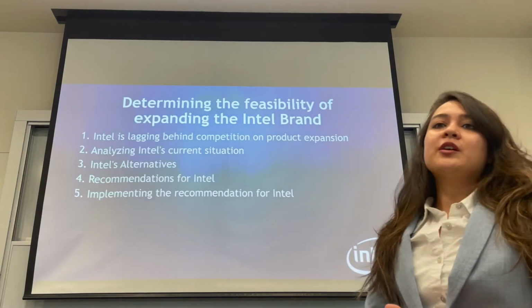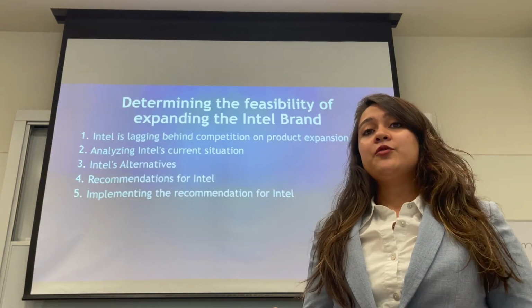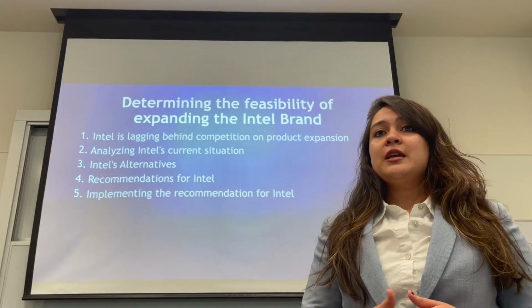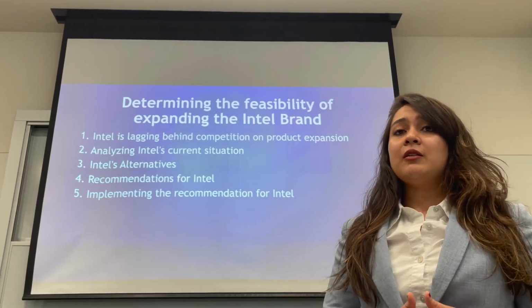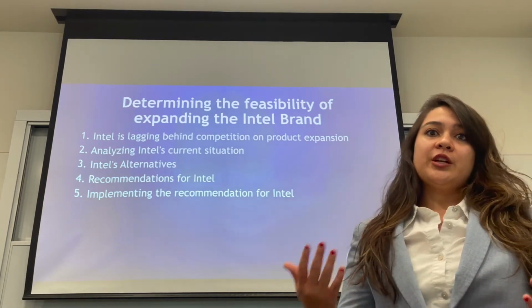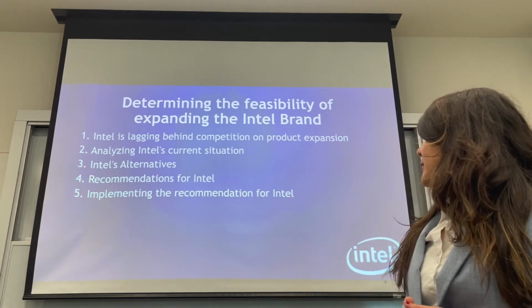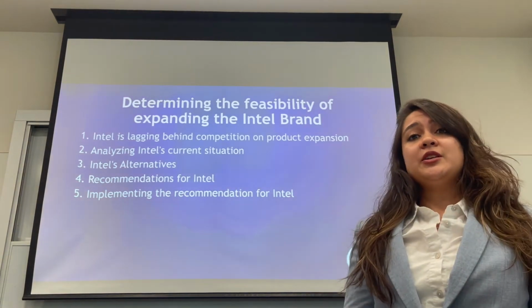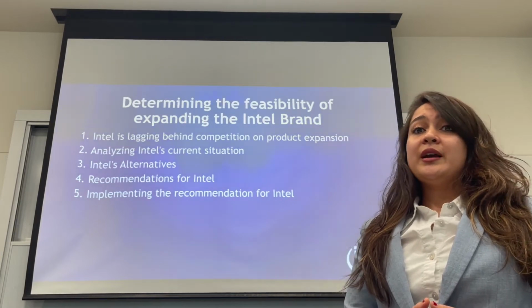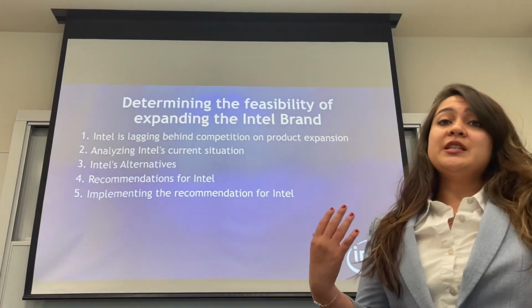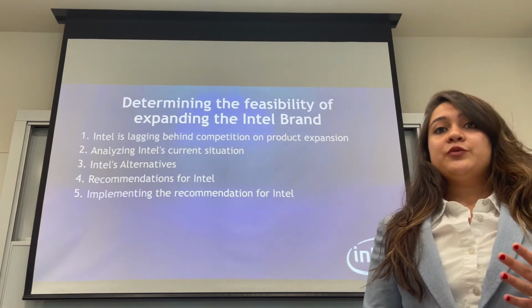Thirdly, we're going to talk about the alternatives for Intel to pursue, alternatives that we have thought of that could help Intel in their market share growth. Then we're going to talk about our final recommendation to Intel, and end by discussing the implementation plan for the recommendation.